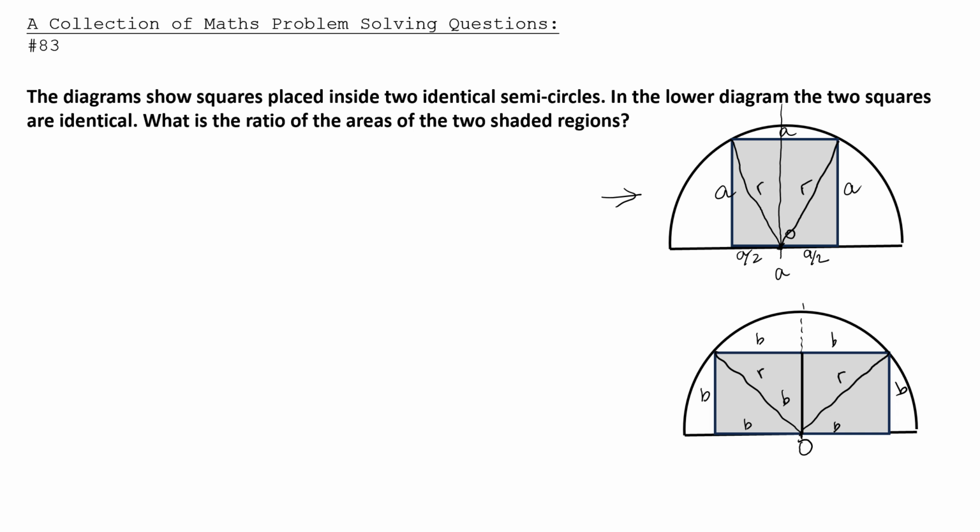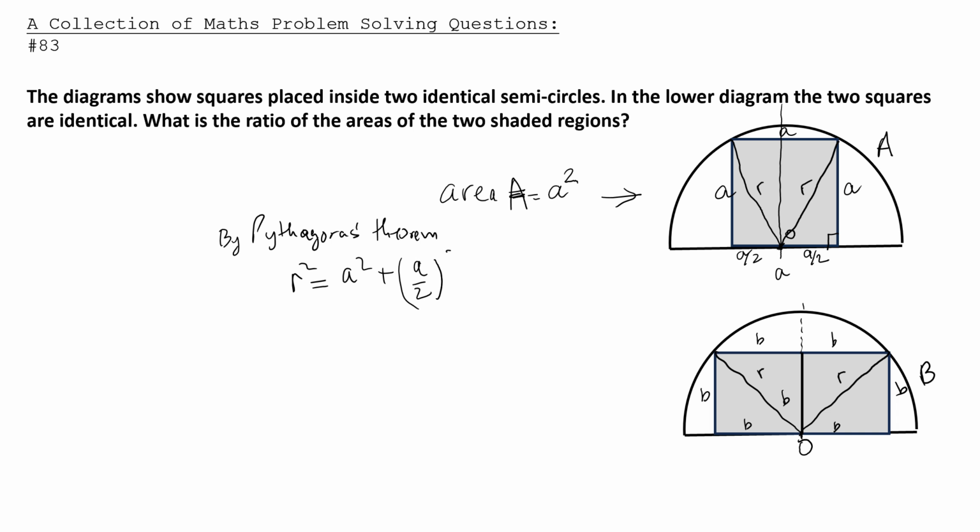So the area of the square is, we call this A and we call this B. So if we say the area of A would equal A square, because the sides are A, and also bring in R, to bring a relation between R and A and B, we can say that R square, applying Pythagoras' theorem, equals A square plus A out of 2 whole square.